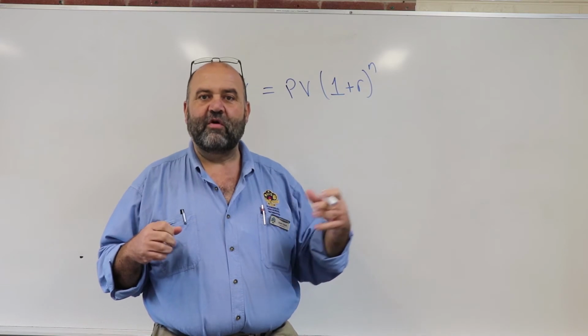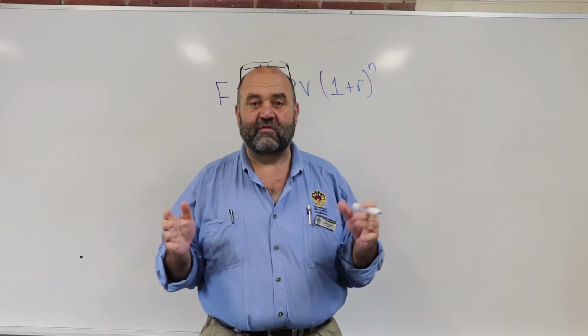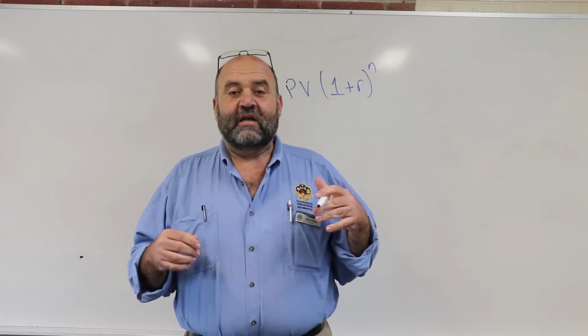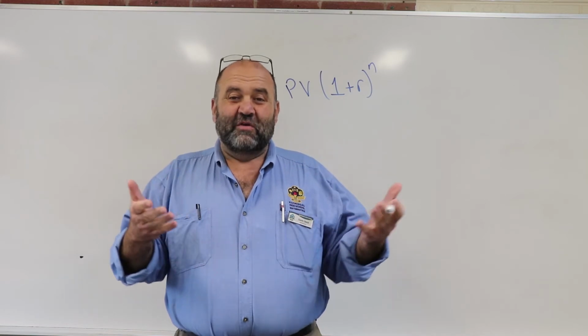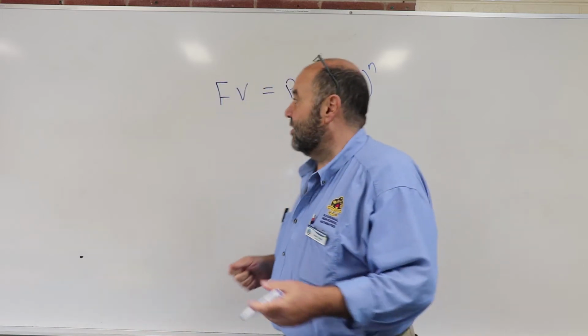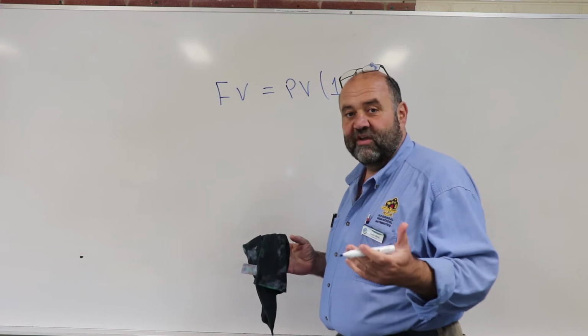What will Bob's car be worth in 10 years? So they're just changing the language of the question, but the mathematics is exactly the same. So let's have a look. Let's do that question I just spoke about with Bob buying his vintage car.